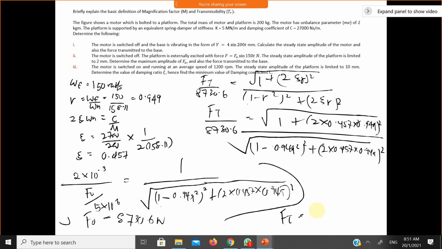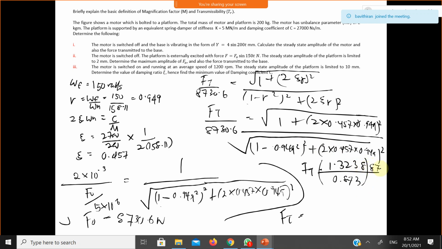Kira cepat. 1.323 atas bahagi 1 tolak 0.949 square tambah 2 darab 0.457 darab 0.949 square sama dengan 0.873 betul, darab dengan 8730.6.